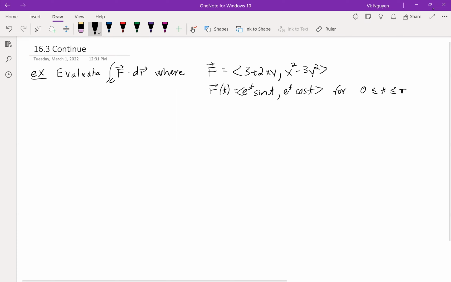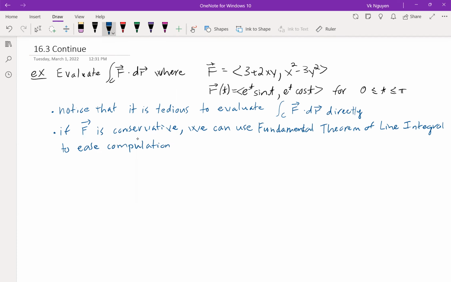Okay, try this out. Let's see. You do the partial derivative with respect to y of 3 plus 2xy. So this has to equal the partial derivative with respect to x of x squared minus 3y squared.